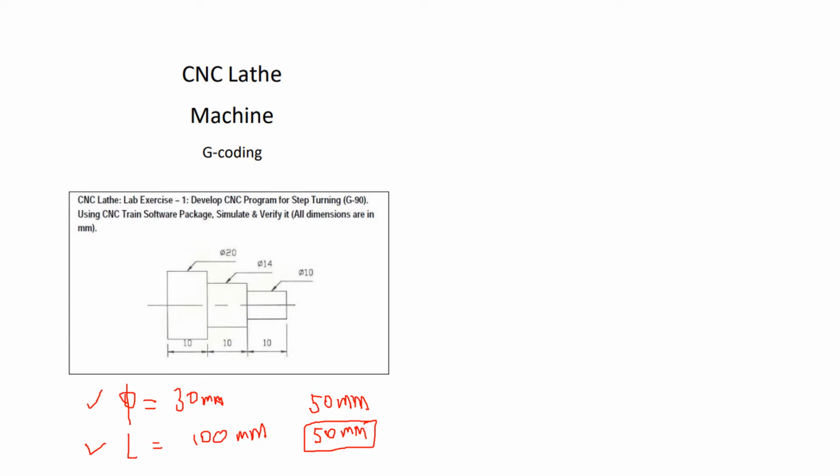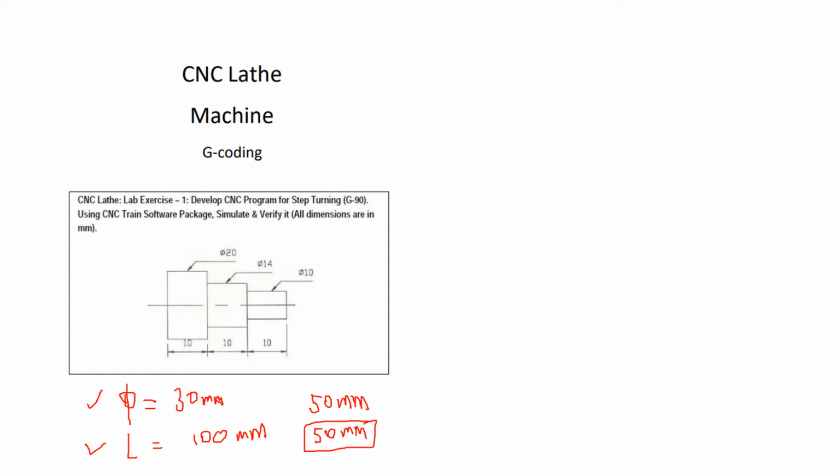You cannot suddenly make it 20 mm, as this will destroy the workpiece as well as the cutting tool. So you will reduce the diameter step by step with a reduction of 2 mm. Initially it's 30, then 28, 26, 24, 22, 20, and then you stop. So that part is done.